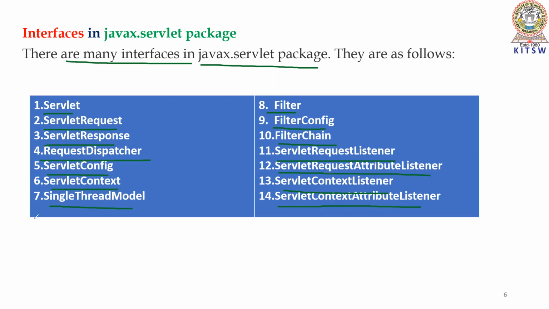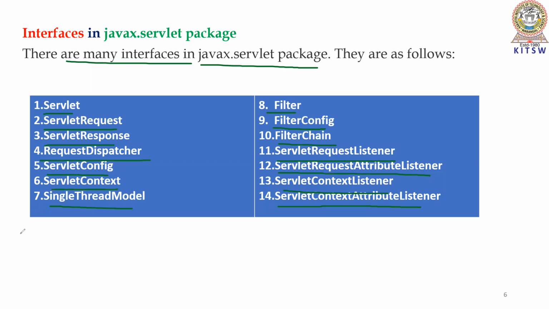These are the various interfaces that are available in the javax.servlet package. We may use one interface, we may use two interfaces, we may use any of the interfaces present in this package to develop and deploy servlets.